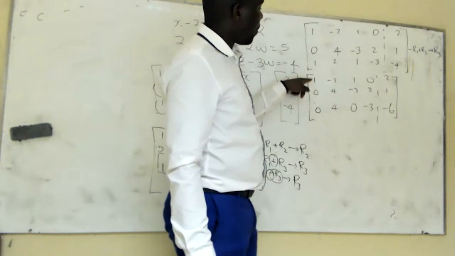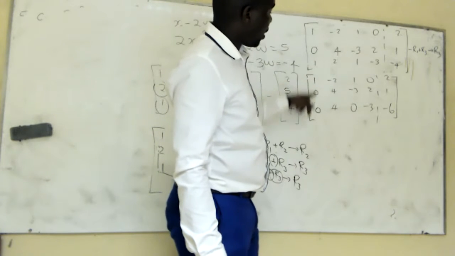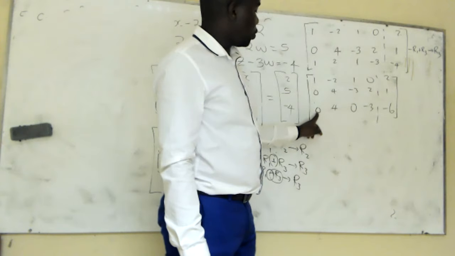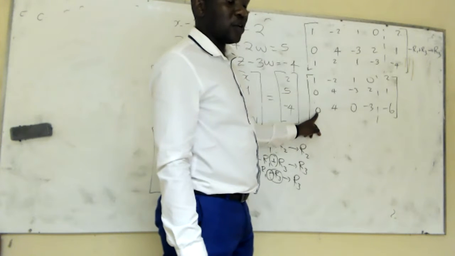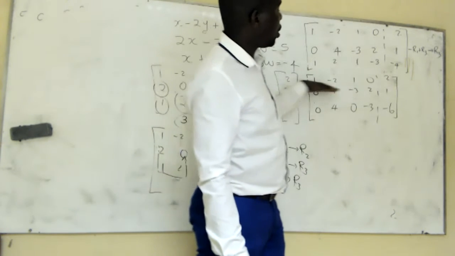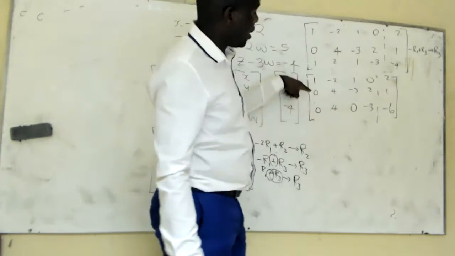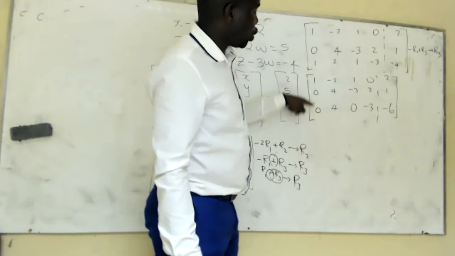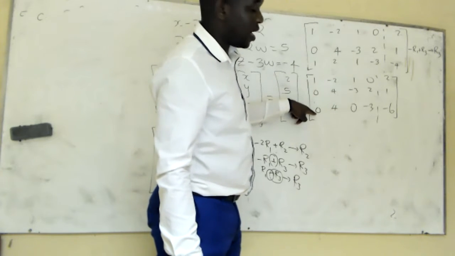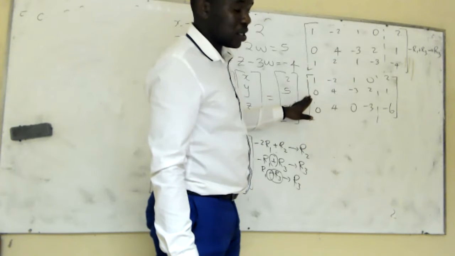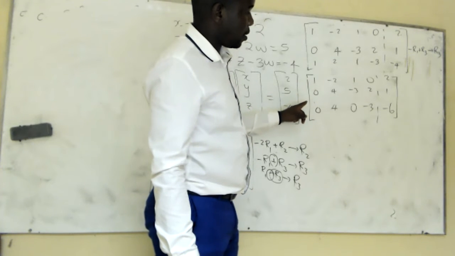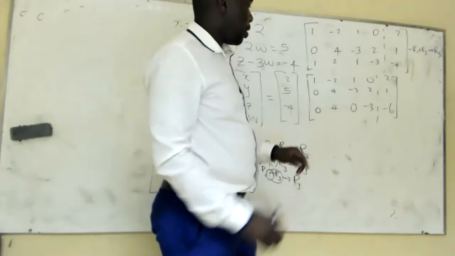We don't use row number 1 because it's going to override the 0 we obtained previously. It's going to override this 0 we have down here. Therefore, we need to use row 2 because row 2 has a 0 in this column. So if this is added with that, it's not going to make any changes. Is that clear? Yeah, it's clear.